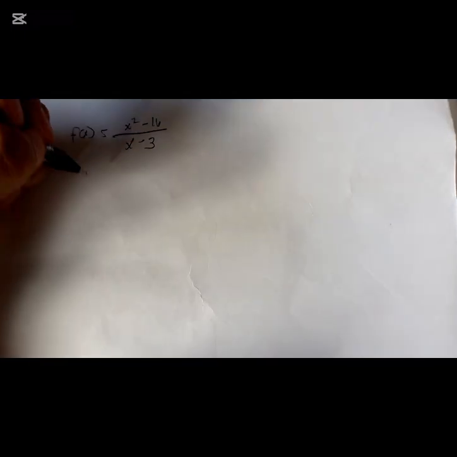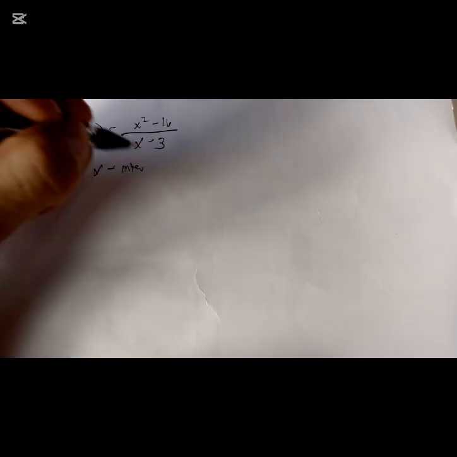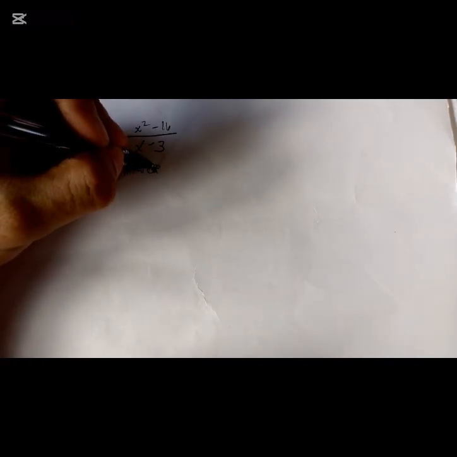So finding the x and y intercept. In x-intercepts, what we're going to do here is rely on the numerator, since that's the process for the x-intercept. So what is our numerator? x squared minus 16.